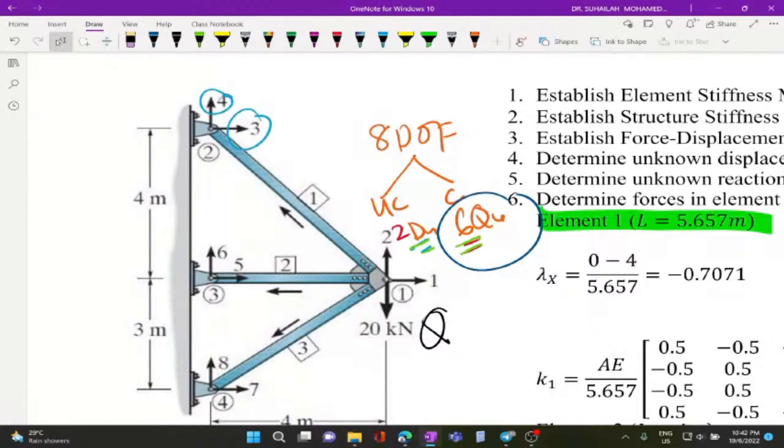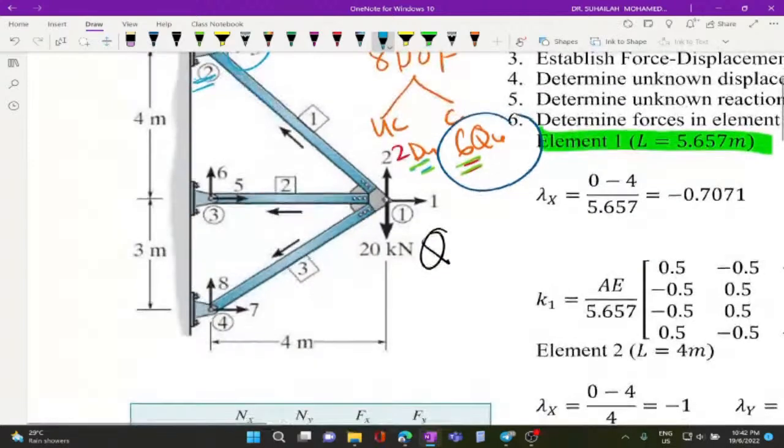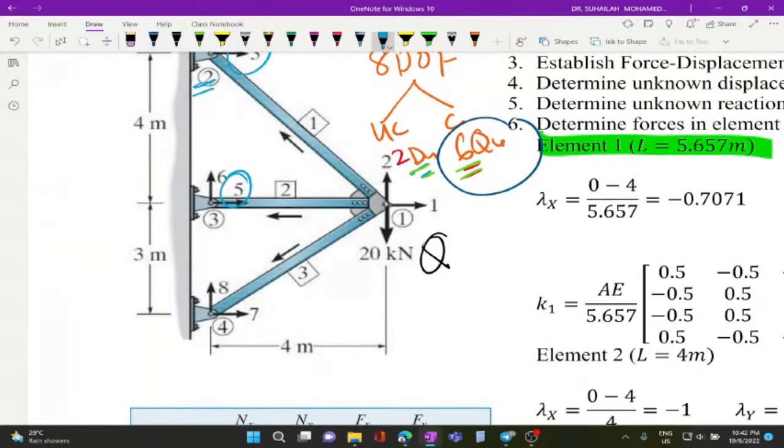Q3 means the reaction force at position 2 in the X direction. What is the meaning of Q4? Reaction at position 2 in the Y direction. Q5 is the reaction at position 3 in the X direction. Q6 is the reaction at position 3 in the Y direction.